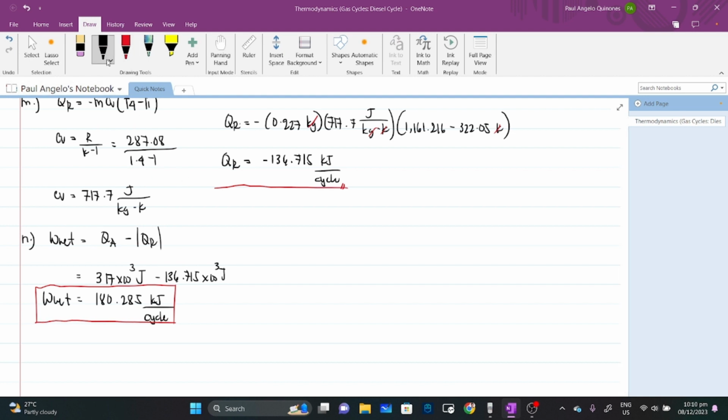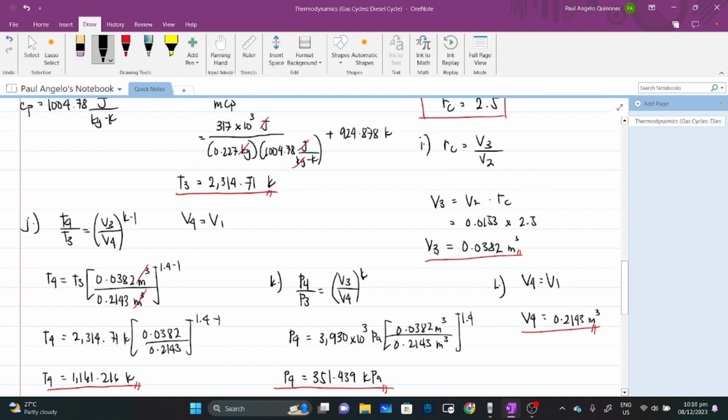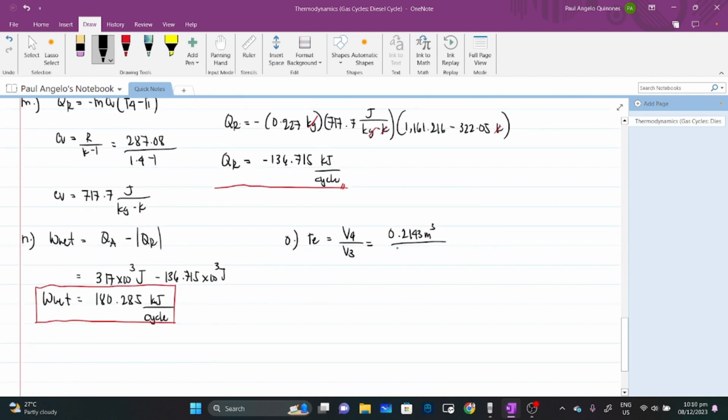So in letter O, we forgot something. We should also solve for the expansion ratio of the system, that is given by V4 over V3. V4 is 0.2143 cubic meters all over V3, that is 0.0382 cubic meters.